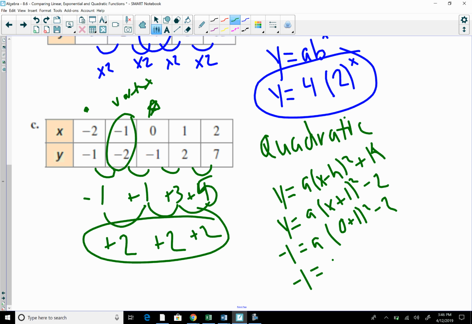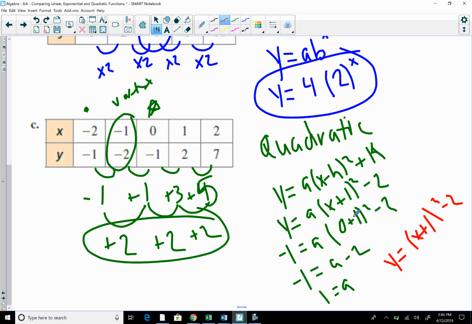So then that would be a minus 2. So then a is going to turn out to be 1. Okay, great. So that didn't change a whole lot. But then our formula is going to turn out to be y equals, your a value is 1, that'd be x plus 1 squared, and then minus 2.